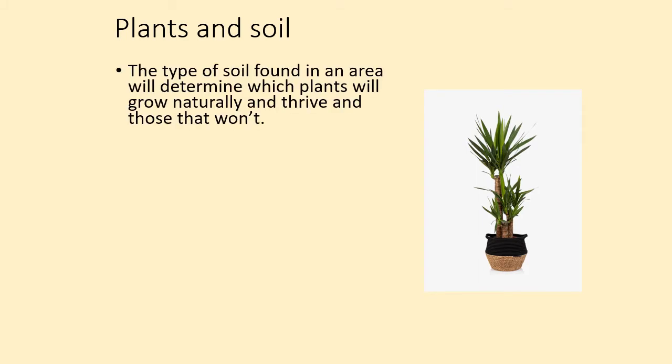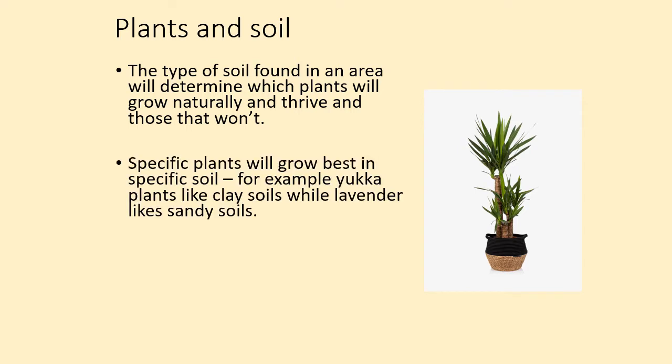Now, the type of soil in which a plant grows will determine whether that plant is able to thrive and grow naturally or whether it will not be able to grow at all. Specific plants grow best in particular types of soil.